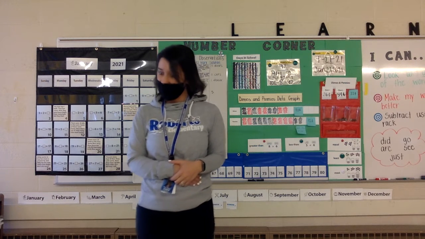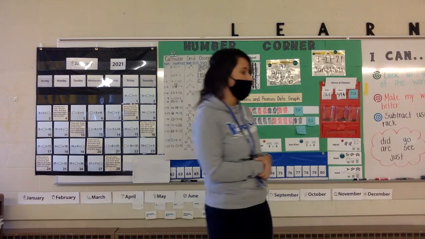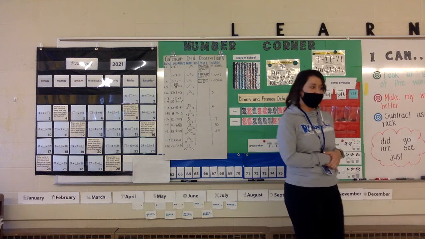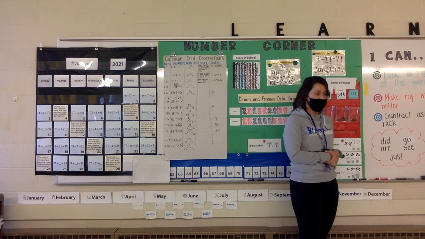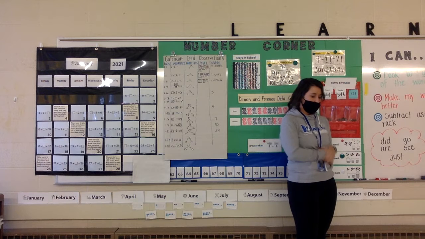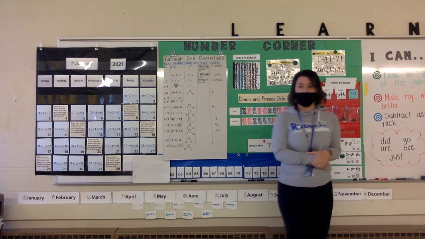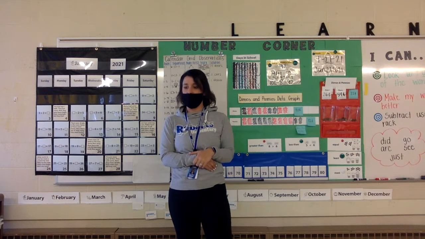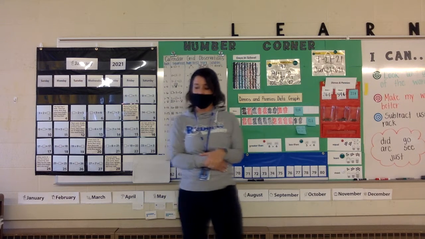You should be writing it down. How much did they have at the end? 28. So they had 30 fish and they sold some. How many do they have?